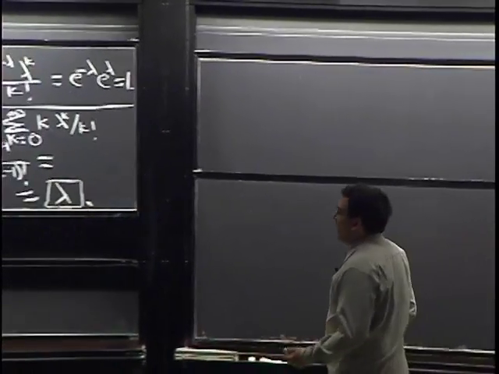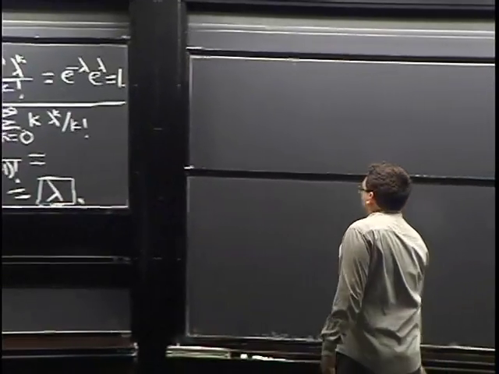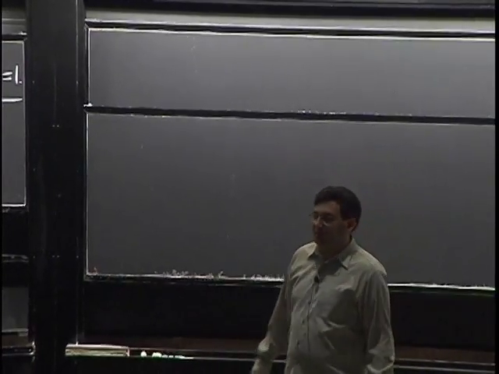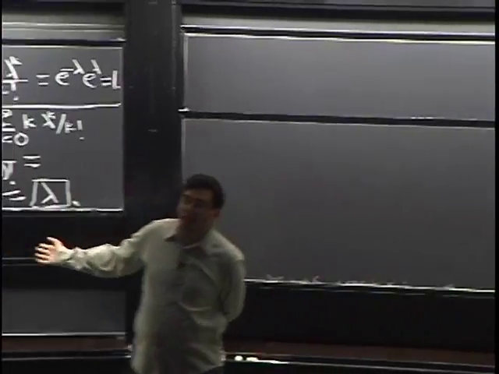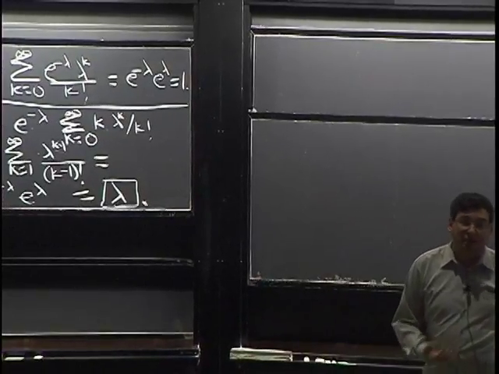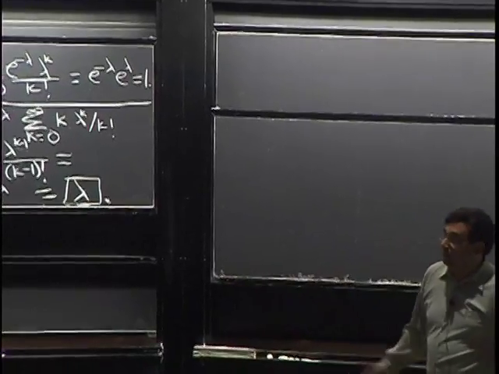Now, why do we care about the Poisson, though? Let me just mention a few examples where the Poisson is used. In practice, it's the single most widely used distribution as a model for discrete data in the real world.